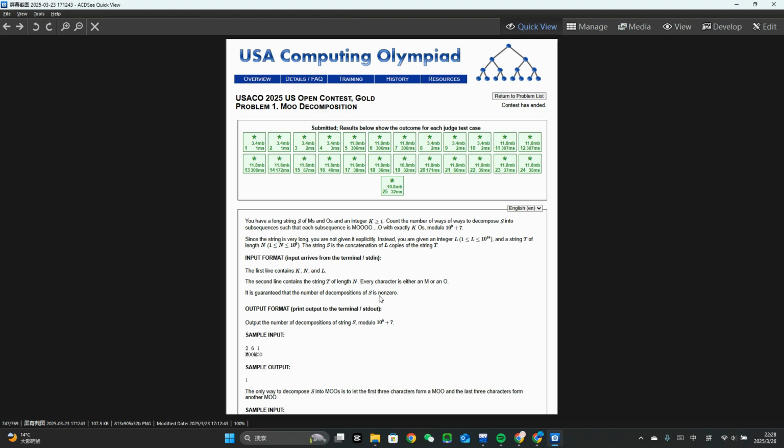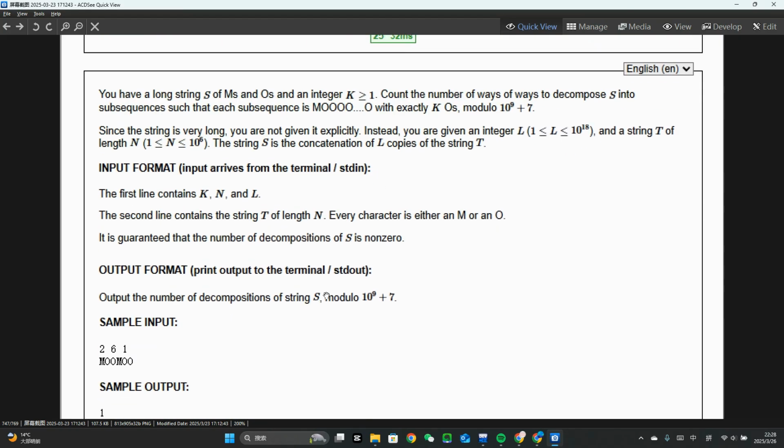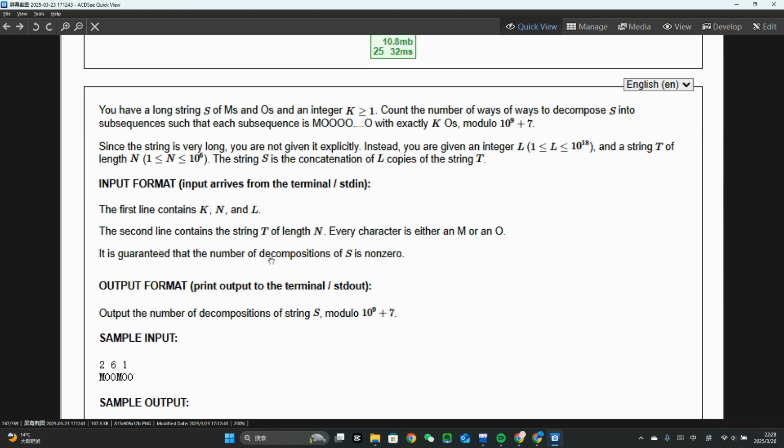For the first copy, before we copy L times, for this first copy of the string with length N, there has to be exactly K times as many O as there is M. So with this being said, since we know that the string is decomposable, we know that all the M's must be paired with all the O's within each copy of this string of length N.